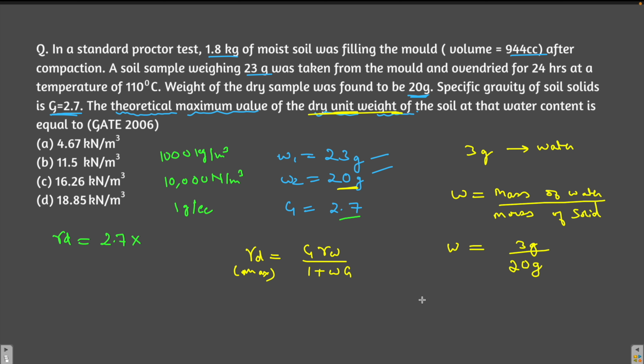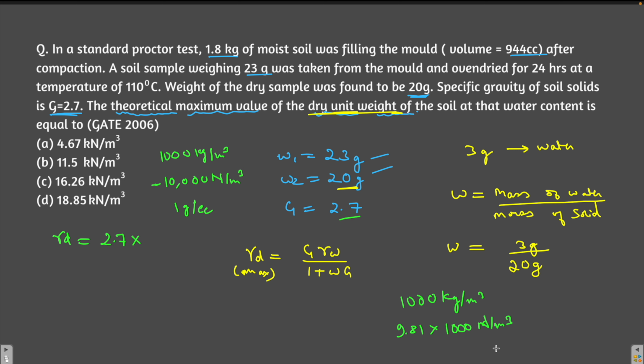Let me tell you. One thing you should know, the density of water is 1000 kg per meter cube. If you multiply this with the acceleration due to gravity, 9.81 or 10, I have written 10,000 because I have taken acceleration due to gravity here as 10, but 9.81 is standard, so you will take 9.81 into 1000. This will give you the unit weight in Newton per meter cube.